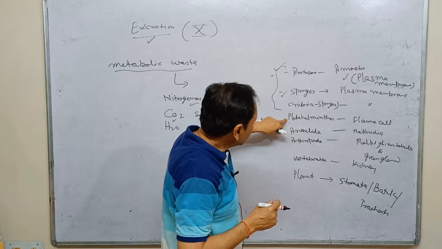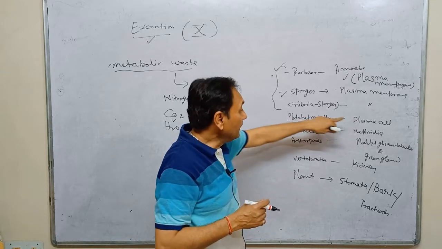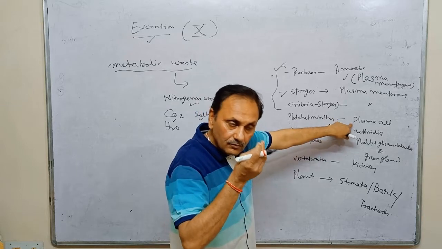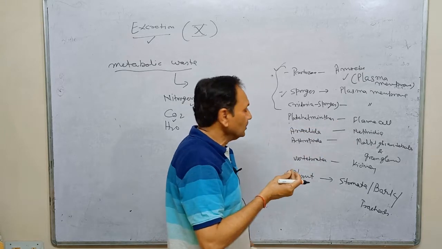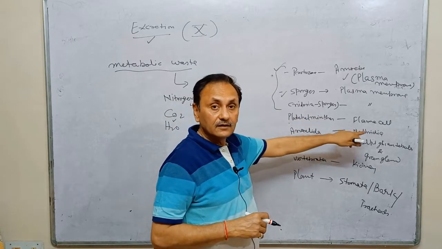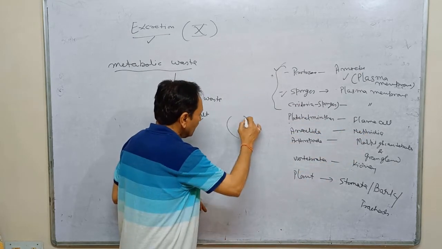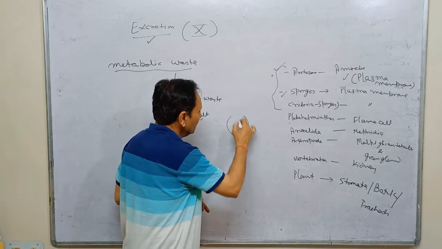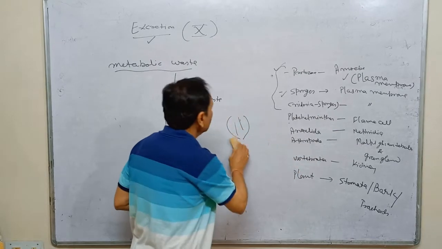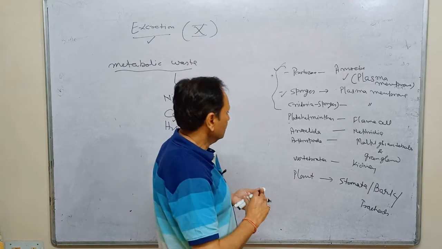In Platyhelminthes, there are flame cells, a kidney-like structure, or you can say the excretory organ. Such flame-like structures collect the nitrogenous waste product and ultimately get rid of it.